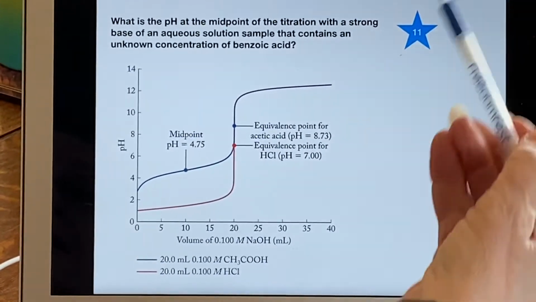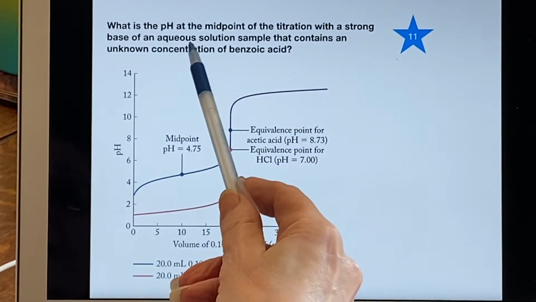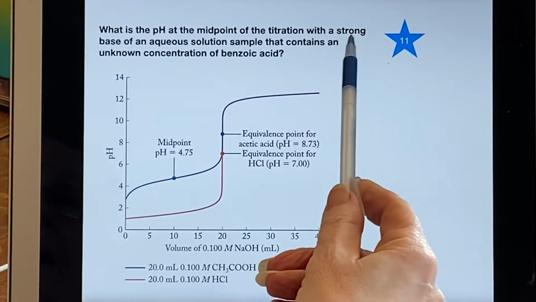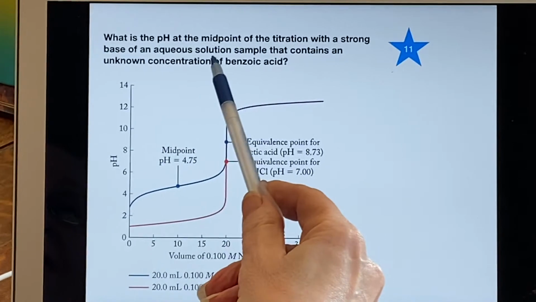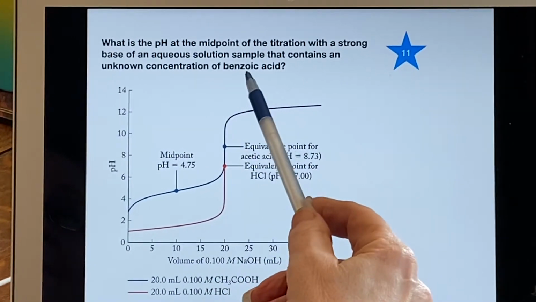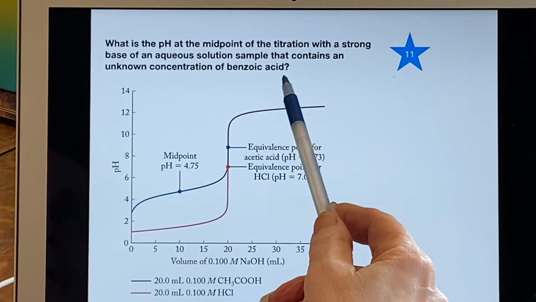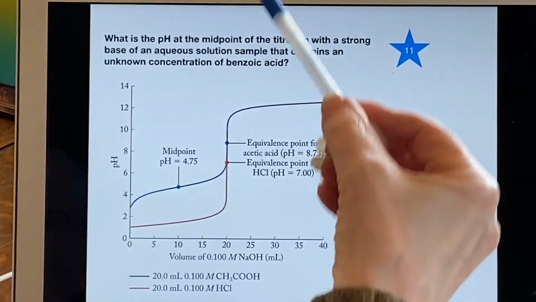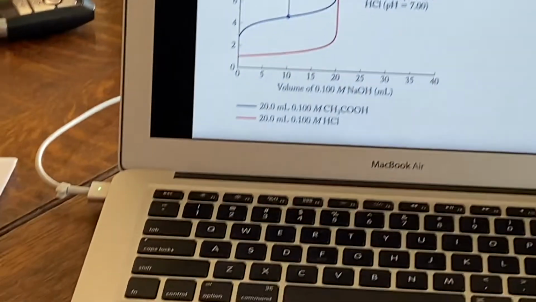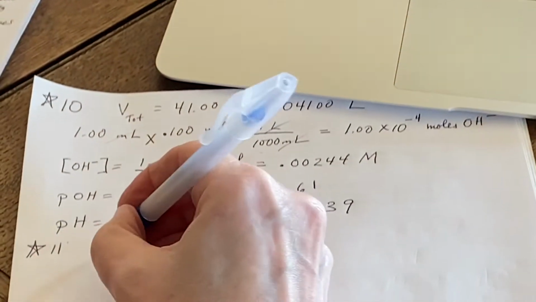Okay, it says, what is the pH at the midpoint of the titration with a strong base of an aqueous solution sample that contains an unknown concentration of benzoic acid? Oh, I mean, I can go and say, Hey Siri, what's benzoic acid, right?